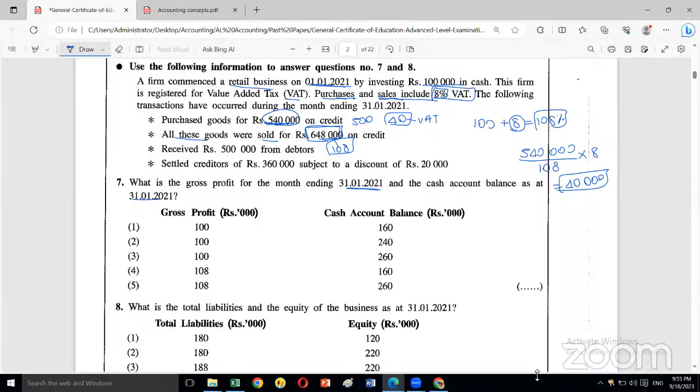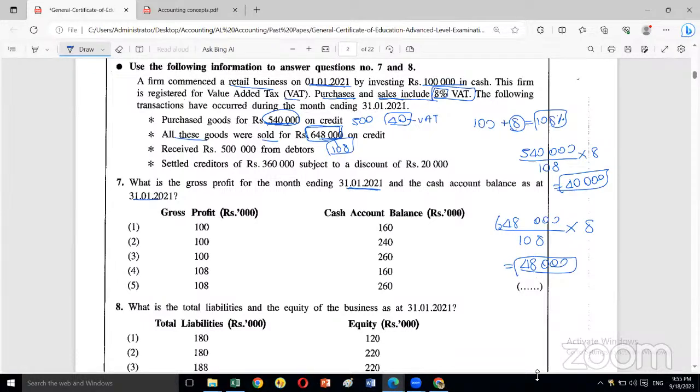If I divide by 108, I will get 1%. If I multiply by 8, I will get 8% VAT. How to calculate? 648,000 divide by 108, because this 648 is equal to 108%. To find the VAT, I multiply by 8. So how much is the VAT?